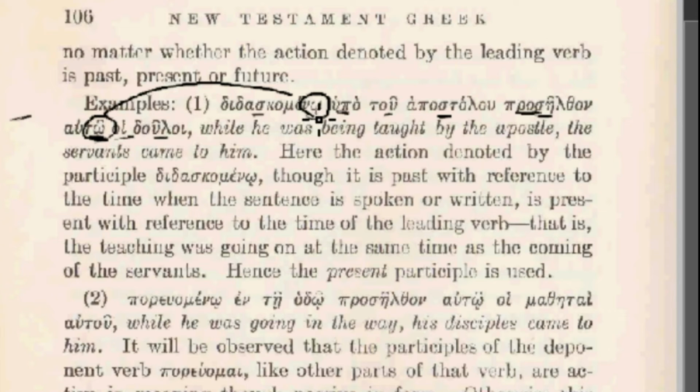So I'm going to say, the slaves came to him while he was being taught by the apostle. I want the time of the participle to be concurrent with the time of the leading verb. And because the leading verb is in the past tense, the time of the participle is going to be in the past tense as well. So the slaves came to him while he was being taught by the apostle. You get that? You see how that works? So that's basically the notion you want to keep in mind here.